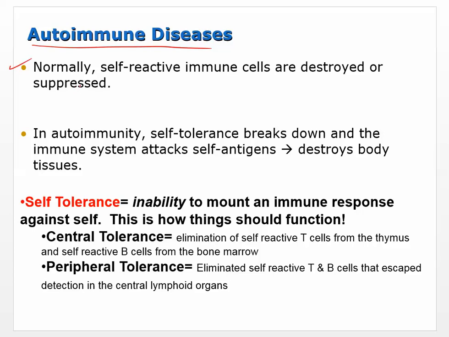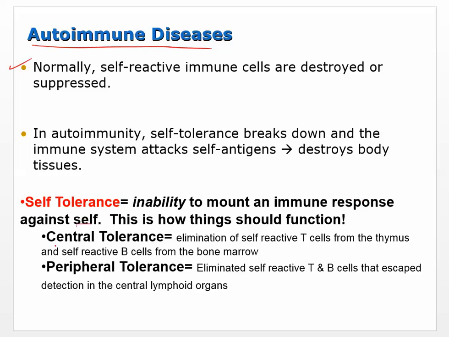You're not supposed to produce T cells that react to self-antigens. But in autoimmunity, self-tolerance breaks down and the immune system attacks itself and destroys body tissues. Normally we have this self-tolerance, which is the inability to mount an immune response against your own body, against self. And that's how things should function.